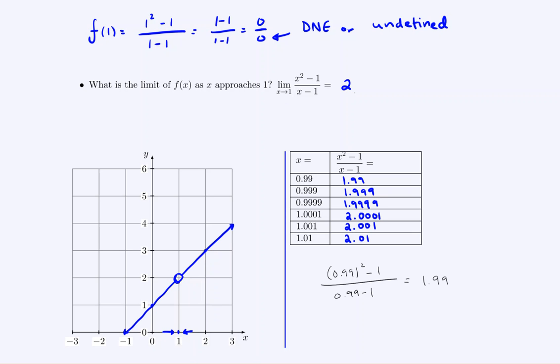The only distinction is at the point 1, we're undefined. But we see that as the input values get closer and closer to 1, the output values get closer and closer to 2. Now you won't be asked to figure out how to graph this from this section, just be able to make a carefully constructed table, but all of this information can be recalled from earlier when we learned how to graph rational functions and we dealt with holes and things like that.